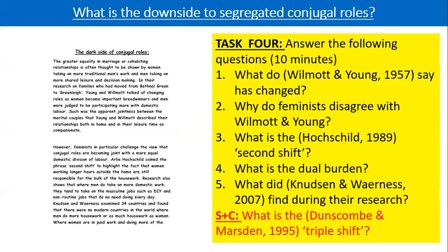And then that last one in there, the radical feminists Dunscombe and Marsden, the triple shift, they talk about it's not just this domestic role or economic role, it's also this emotional support. Okay, so providing care, maybe for elderly grandparents or even just for kids.